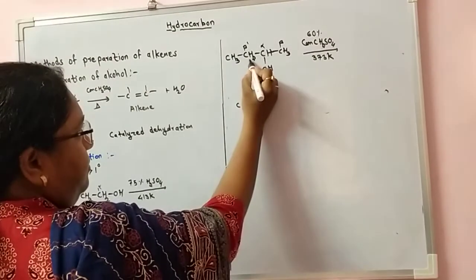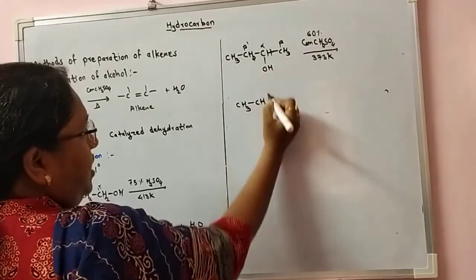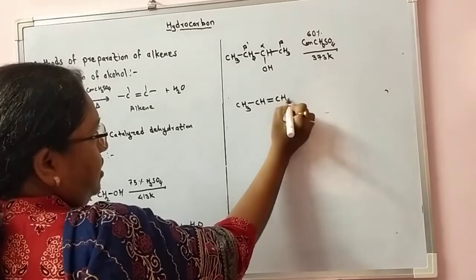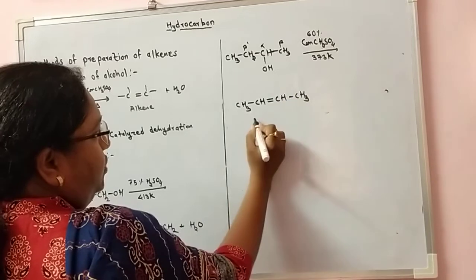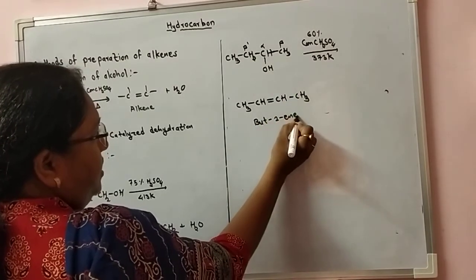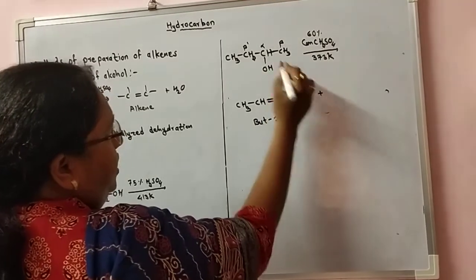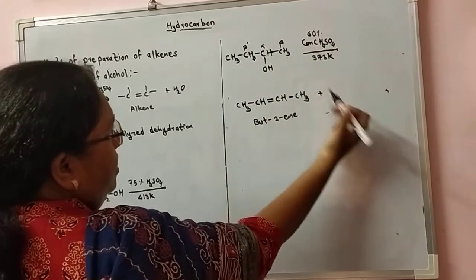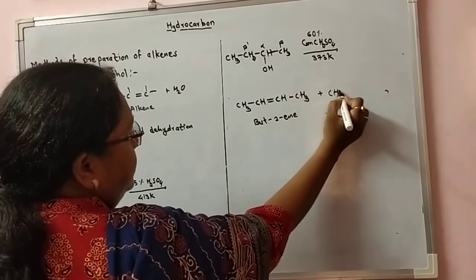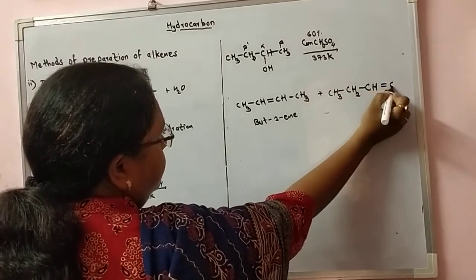So let's write the mixture of products we obtain. Here CH3, if the hydrogen is eliminated from beta dash, then CH, and from the alpha carbon the hydroxyl group is removed, so but 2-ene is obtained, which is the major product in this case. CH3, CH double bond CH, CH3. Now if hydrogen is eliminated from the beta carbon, from the terminal carbon, we get the structure CH3, CH2, CH double bond CH2.